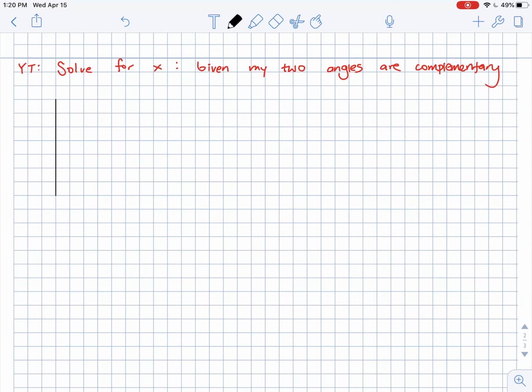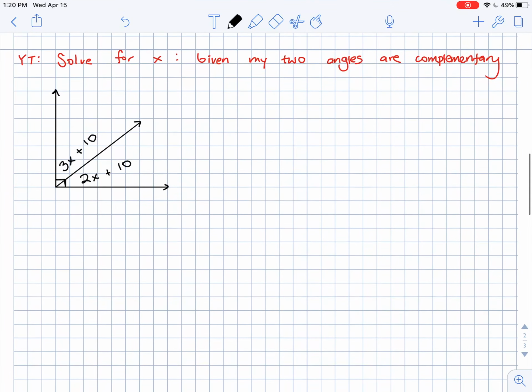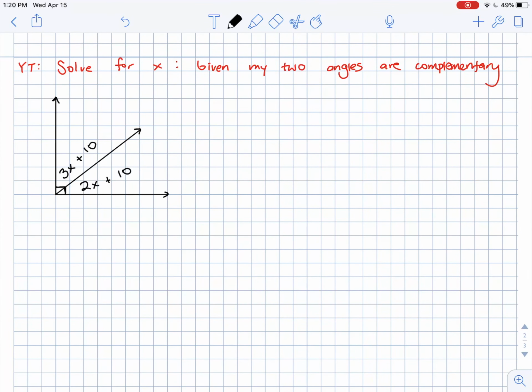I'm going to have angle 1, which will be 3x plus 10. And our second angle is going to be 2x plus, why not? Let's say 10 as well. We know that they're complementary, so the sum of them is going to be 90 degrees. Take a second and see if you could solve for x. Okay, go ahead and pause it, and then I'll be right back.